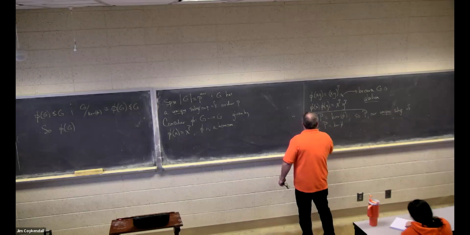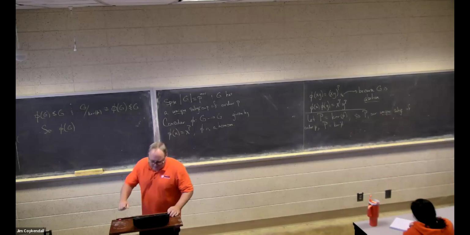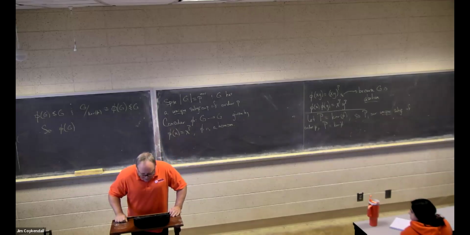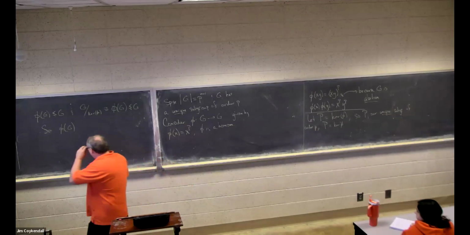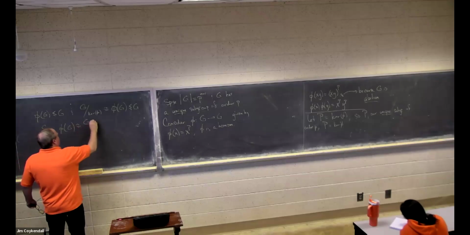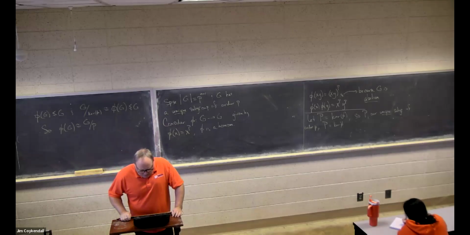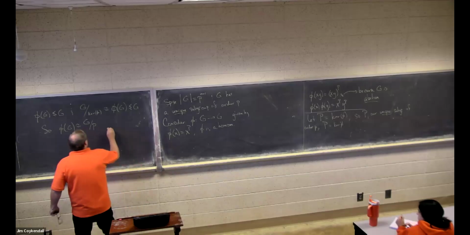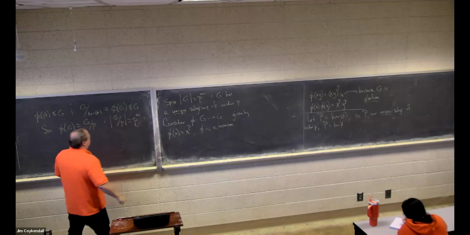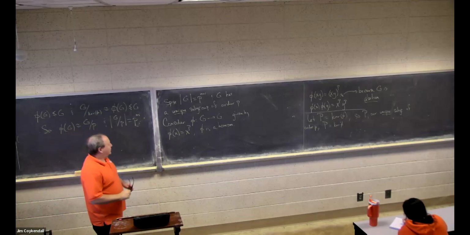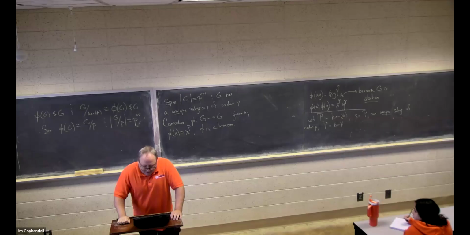Yes, but there is supposed to be a capital there as well. Thank you. Okay, so what we have so far is phi of G is isomorphic to G mod P, and the order of G mod P is p to the n, because the order of the kernel of phi, or the order of P, is exactly p.